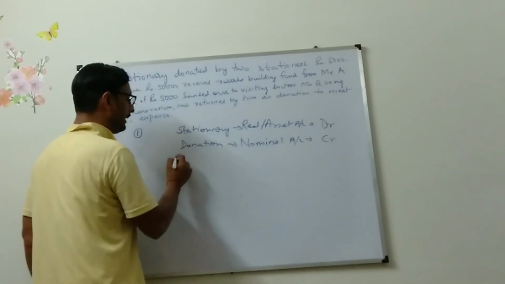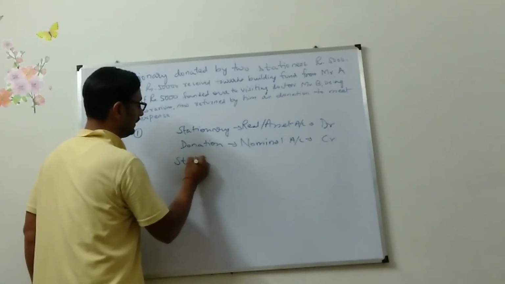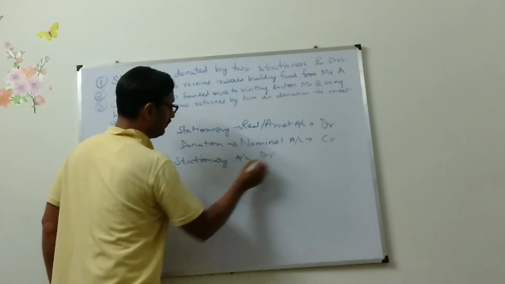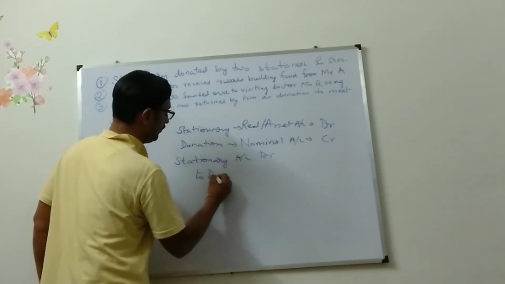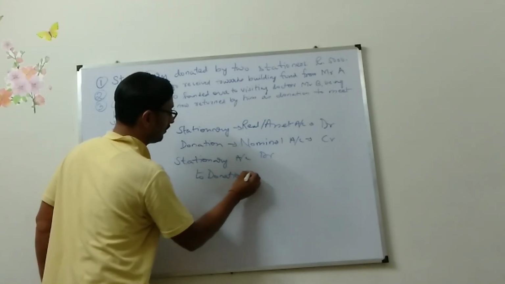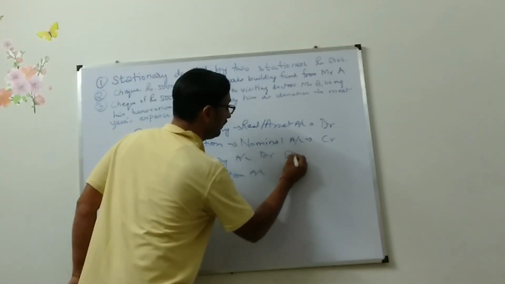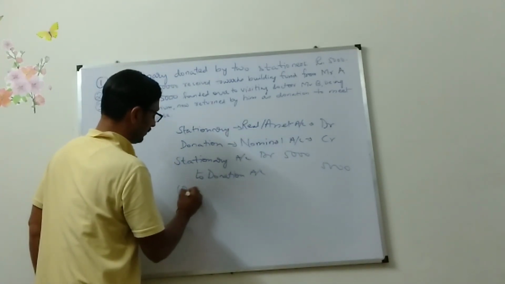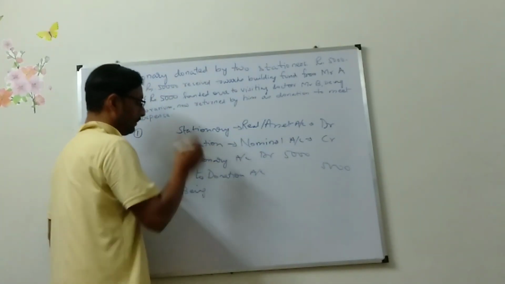So what entry will you be making? Stationery account debit to donation account, and this is the amount. Now write the narration.